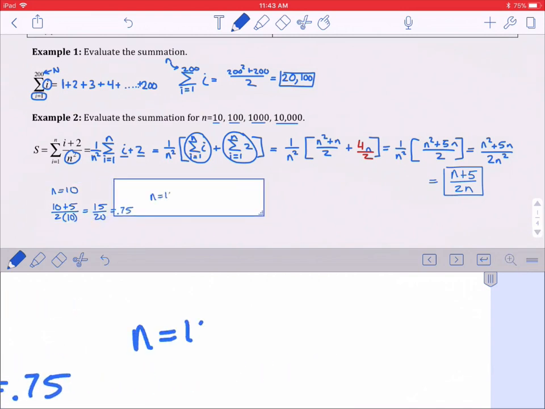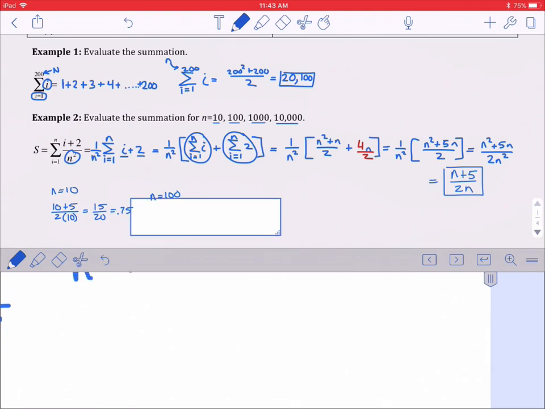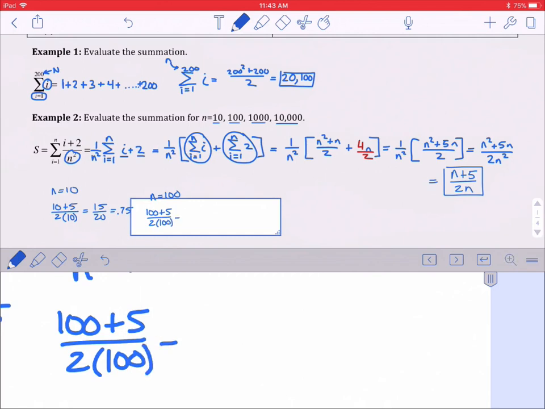If n equals 100, then our sum is (100 plus 5) over (2 times 100). And so we get 105 divided by 200, and that is 0.525.